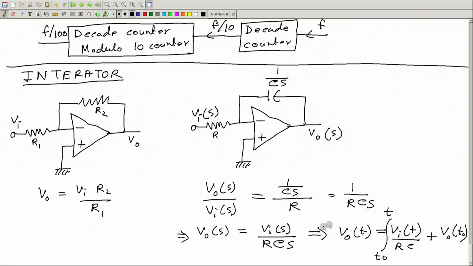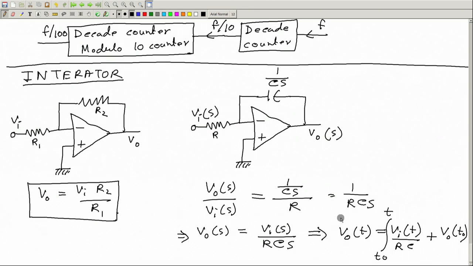But this is also a quick and dirty way to remember this circuit. You just replace this R with a capacitor C, and in the Laplace domain this is 1 over Cs. So you can first write the formula for the inverting amplifier, replace R with 1 over Cs, and actually 1 by s acts like an integration in the Laplace domain. Okay.